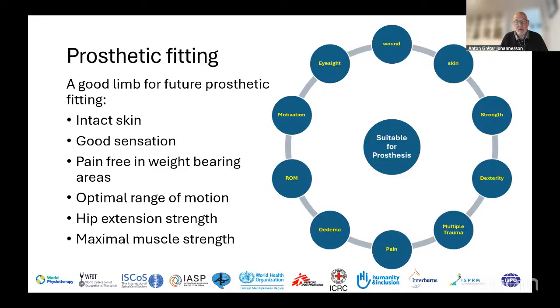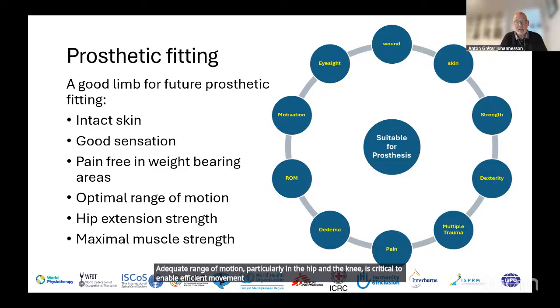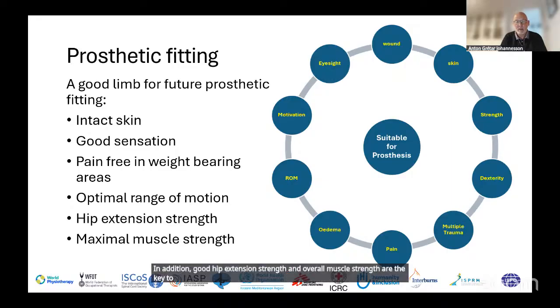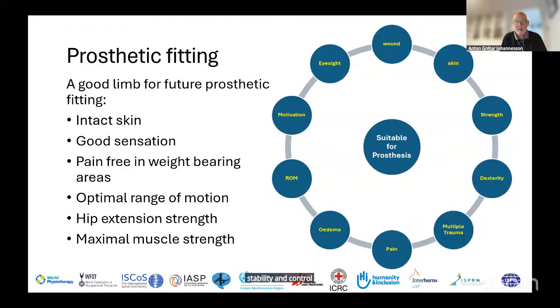Adequate range of motion, particularly in the hip and the knee, is critical to enable efficient movement. In addition, good hip extension strength and overall muscle strength are the key to achieve stability and control during gait in transfemoral, knee disarticulated, and transtibial amputees.